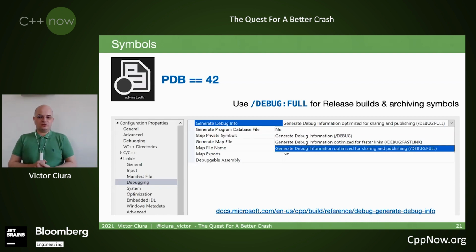We used to do the fast link option when it was launched a few years back, but nowadays we just do the full link and the full debug PDB synthesization on each release build, because it's just way faster now. So you do need this when you archive your symbols, because otherwise you're going to get all the incremental chunked up symbol files.